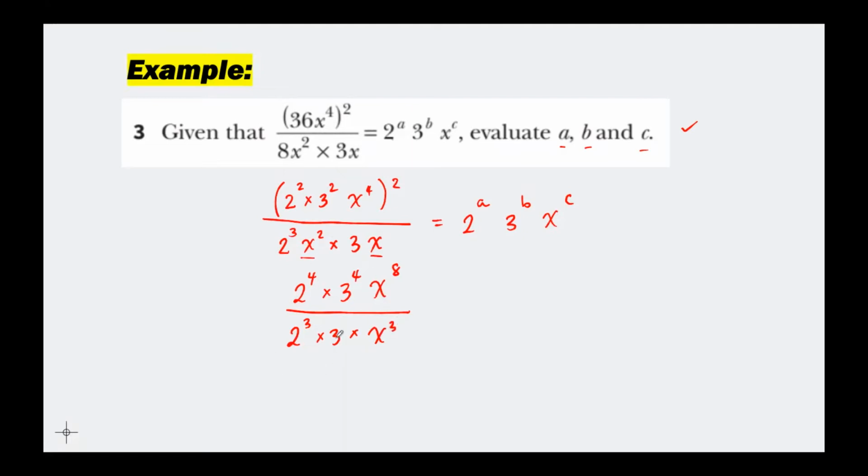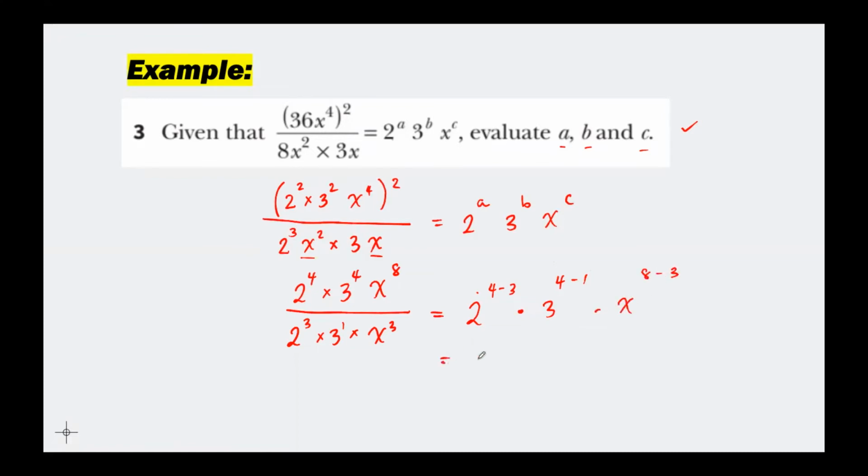And if you can see, we can separate this because this is just division. So this is the same as 2 to the power of 4 minus 3, times, and we'll use a dot this time, 3 to the power of 4. The 3 here, the power is just 1, so 4 minus 1, times x to the power of 8 minus 3.